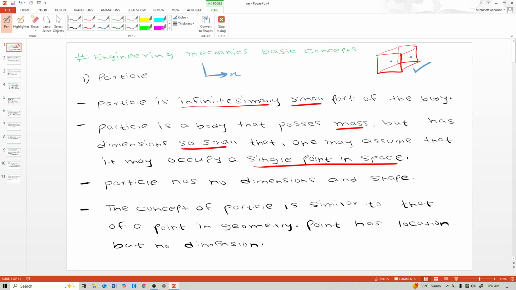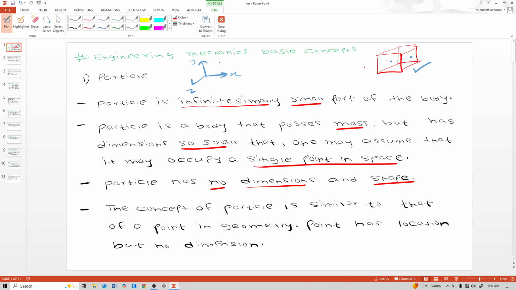If this is the x direction, this is the y direction, and this is the z direction, this is space, and this is a single point in that space. So this is a particle. A particle has no dimensions and shape. The fourth bullet point: the concept of a particle is similar to that of a point in geometry.